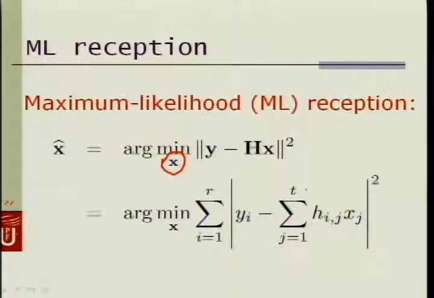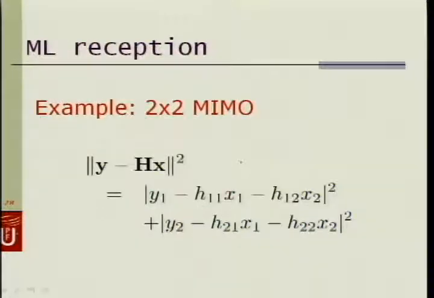Suppose that we are considering a quaternary constellation and we have t antennas. Then we have 4 values per component and we have t components. Consequently, we have 4 to the t possible values of the vector x. Consequently, the complexity of maximum likelihood reception increases exponentially with the number of bits in the constellation and with the number of antennas. So it may become quickly impractical. Okay? 2 by 2 may be practical, but 4 by 4 or 16 by 16 will definitely not be practical.